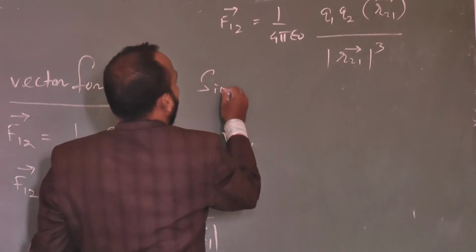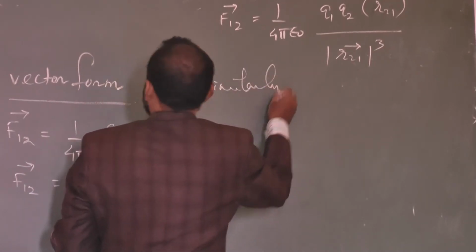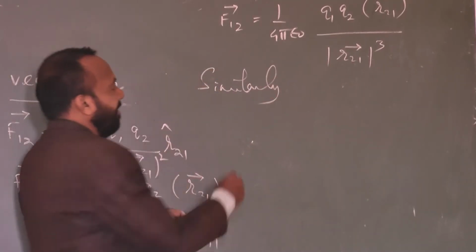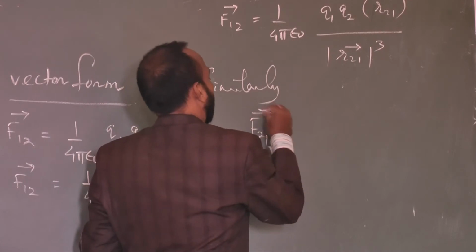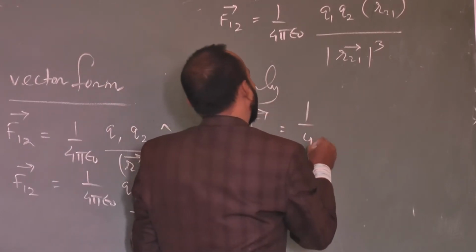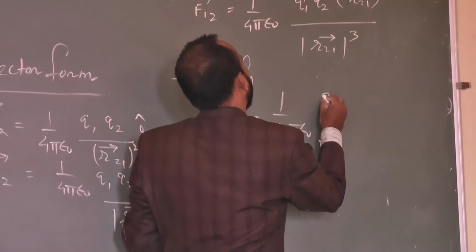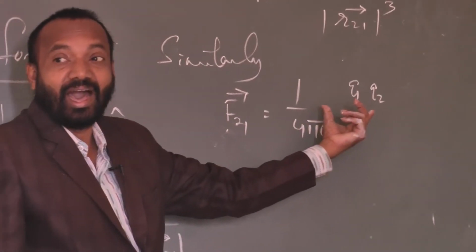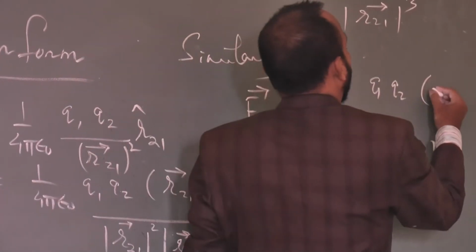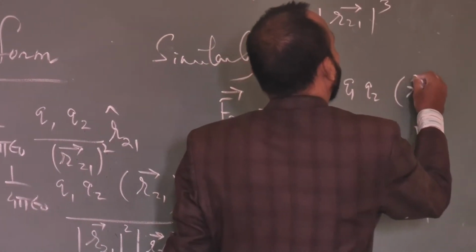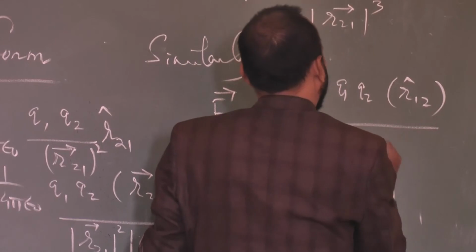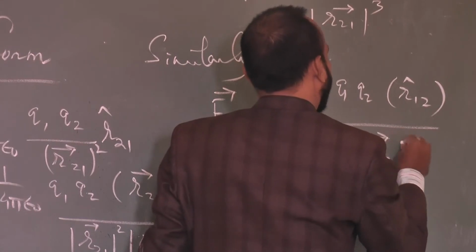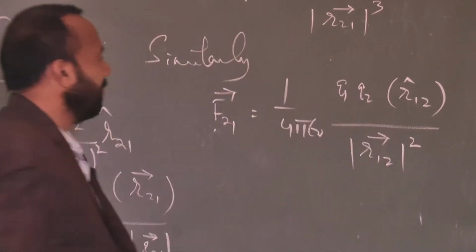Similarly, I can write F21. F21 is equals to 1 by 4 pi epsilon naught Q1 Q2. Now what I will write? R12 cap divided by R12 vector of that much of whole square accordingly.